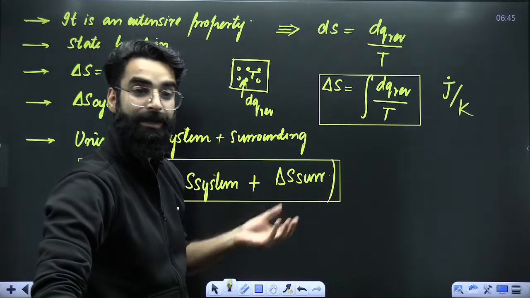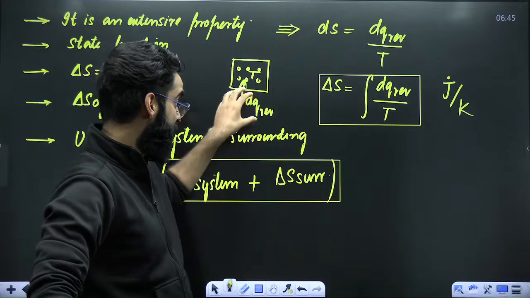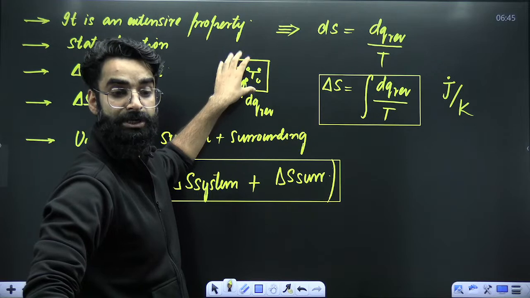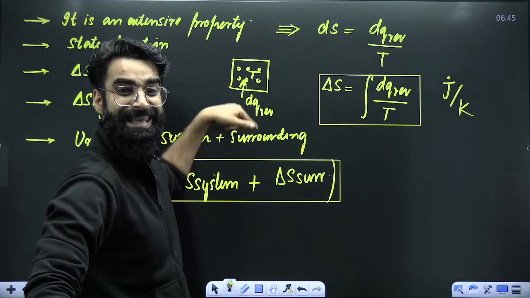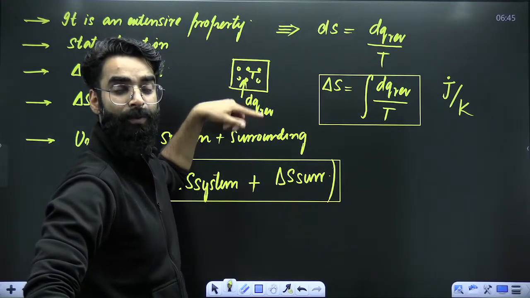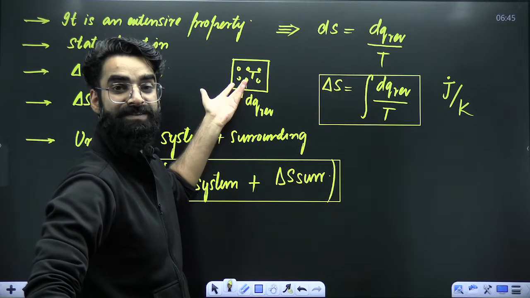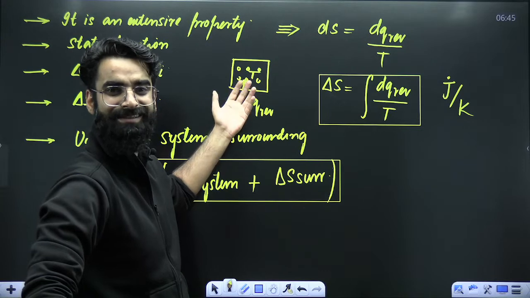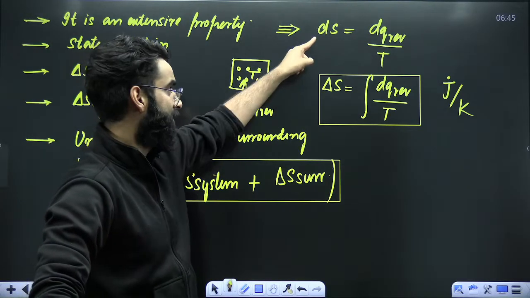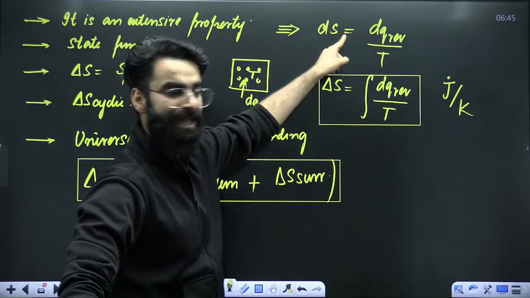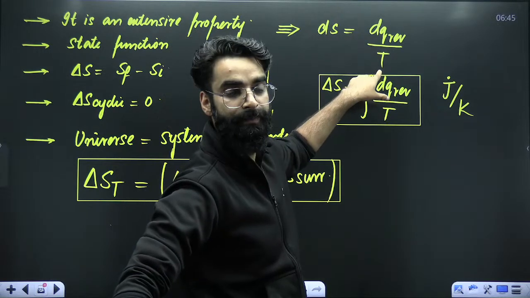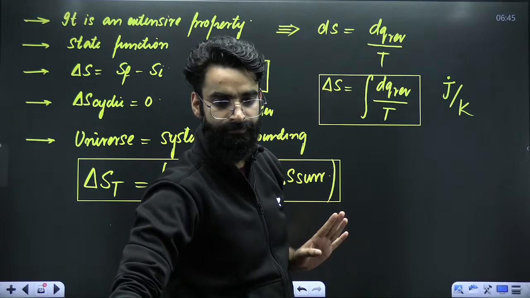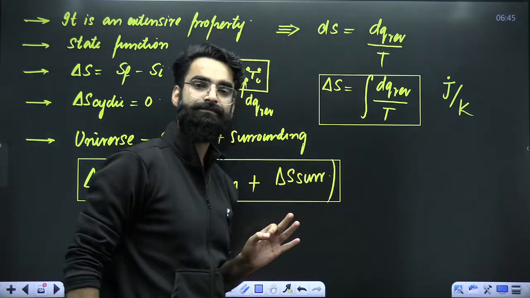So due to this heat supplying, what is going to happen? The disorderness will increase, right? So entropy will increase basically. And that change in entropy is represented by dS, which is calculated like this, dq reversible upon T, right? So total entropy change, you just have to integrate it. I hope this is clear to everyone.